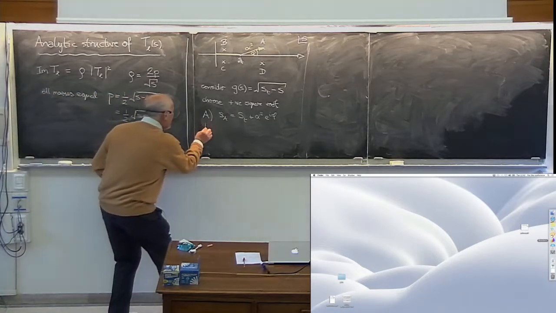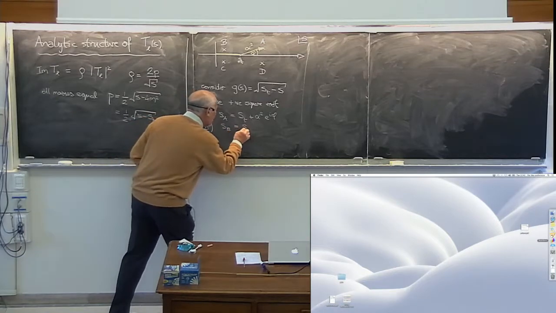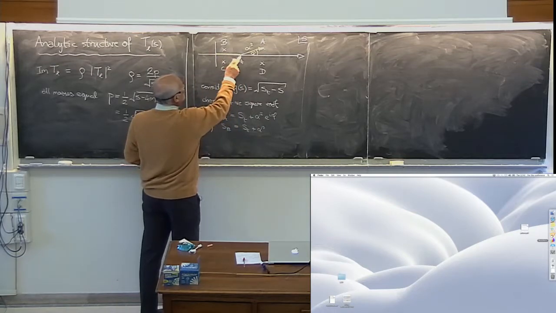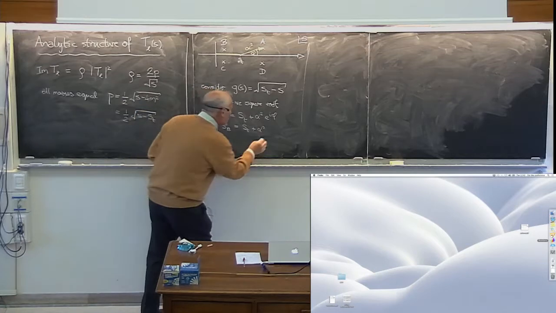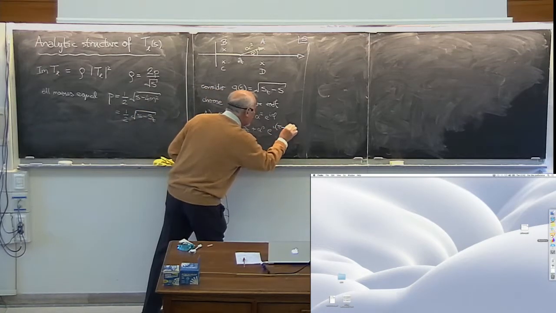And at B, s_B is equal to s_t plus alpha squared, let's imagine it's the same distance, that's also alpha squared, e to the i (pi minus phi).